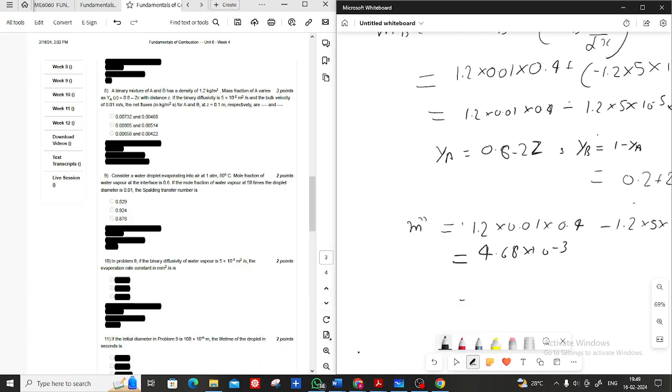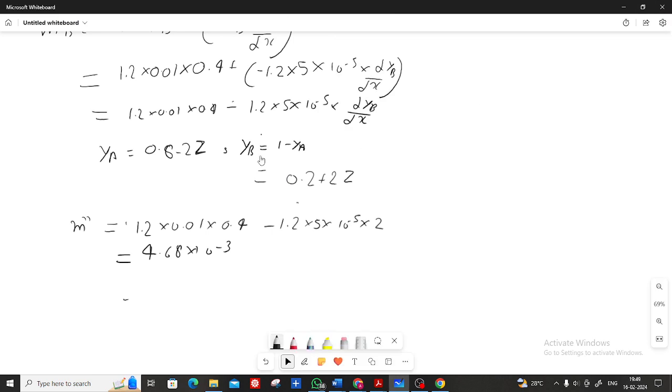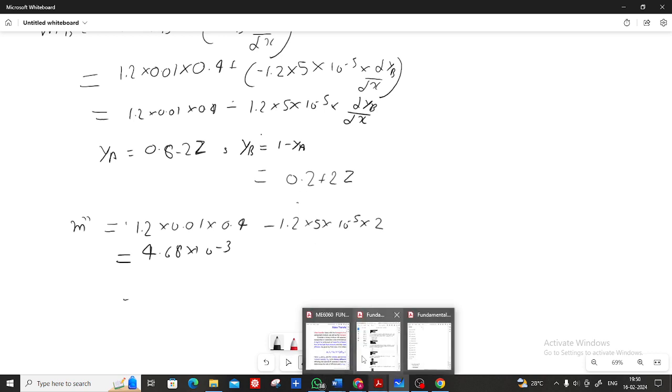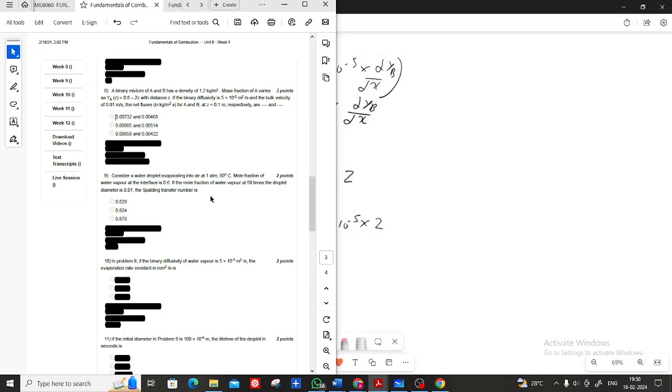Sir, DBA is not given, sir. DAB is given, right? A and B are given, right? No, sir. What doubt are you having? The binary diffusivity of A is given, no? See, first you read the question. It is not given binary diffusivity of A. They have given the diffusion coefficient of A in the mixture.